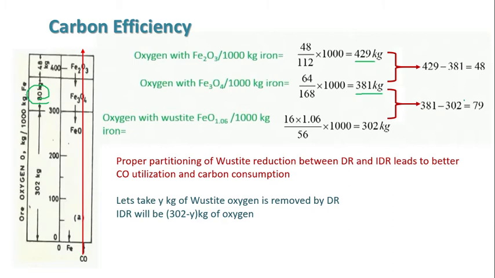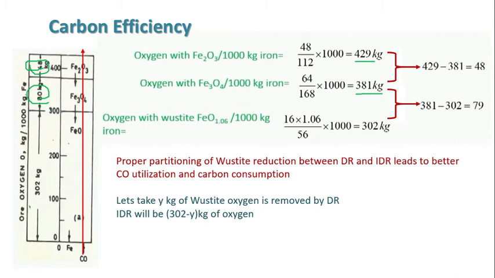So it is 48 kg and this is 80 kg. This amount of oxygen has to be removed. That means the maximum oxygen, associated with the wustite, to be removed is about 302 kg.